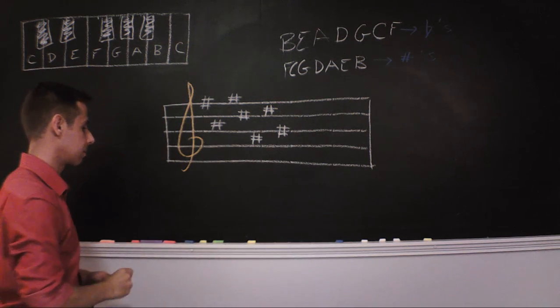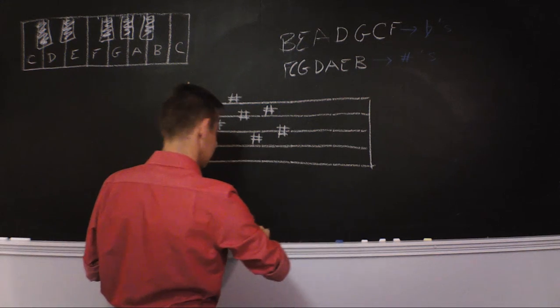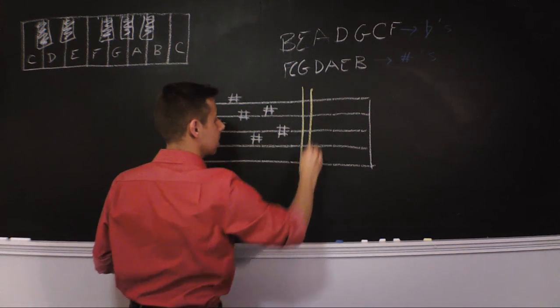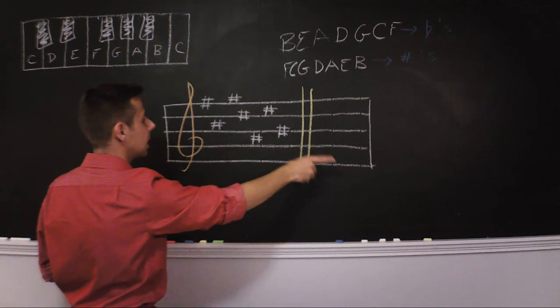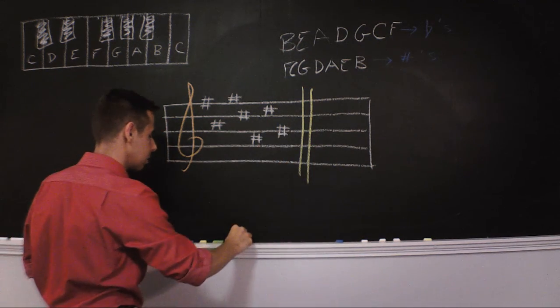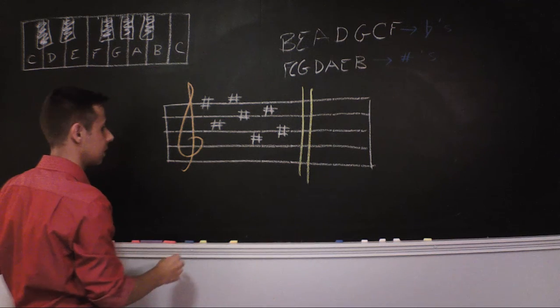Order of sharps. This double line indicates a key change. So this is sort of neutralizing all of these sharps, and now we're going to do the same thing for the flats. And I'll write those in a different color.